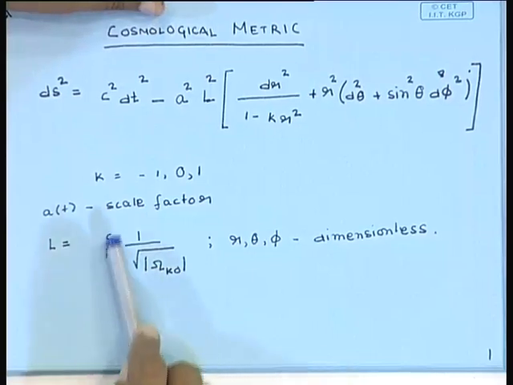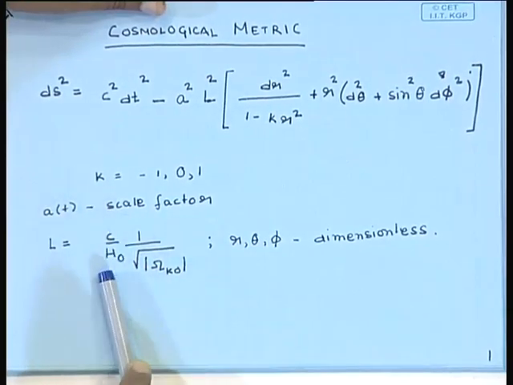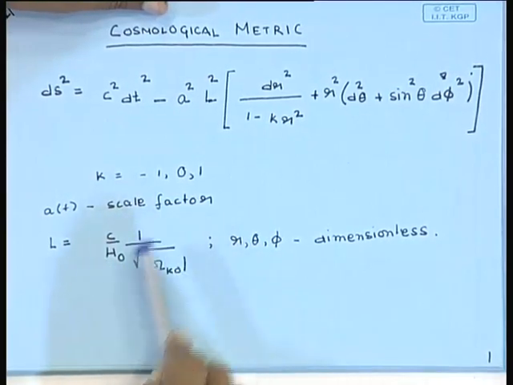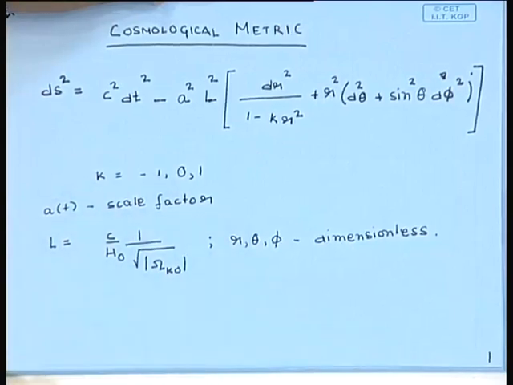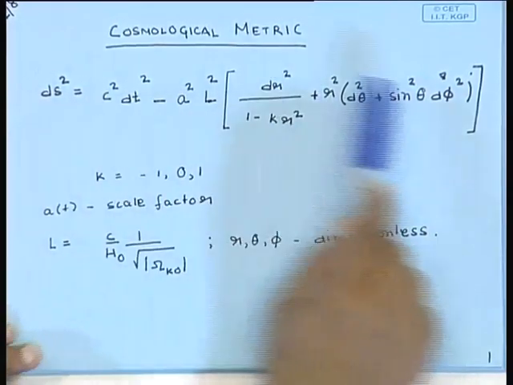It is decided by the Hubble length c by H naught and 1 by square root of omega curvature naught, the present value of omega curvature. a is the scale factor, which again is dimensionless. Now, let us continue with this discussion of the line element today.